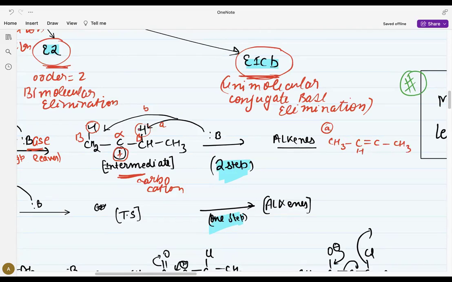अगर ये वाला हाइड्रोजन इसने ले लिया, और ये हाइड्रोजन लेने के बाद these two electrons will shift and make a double bond here.